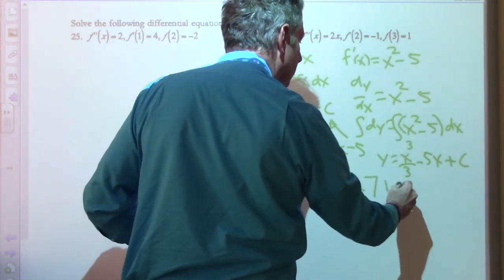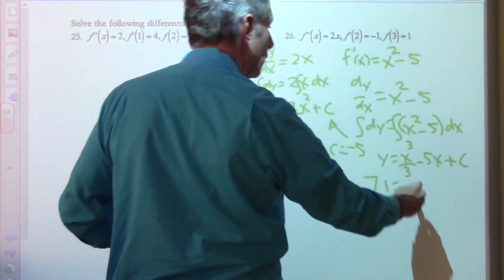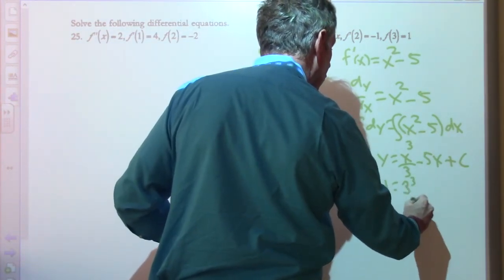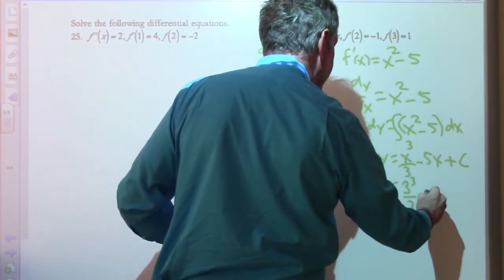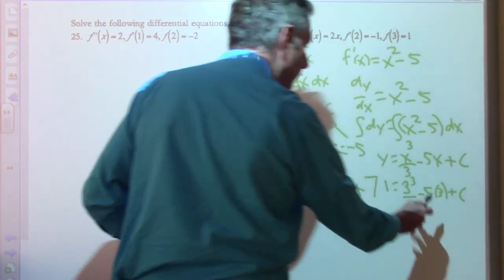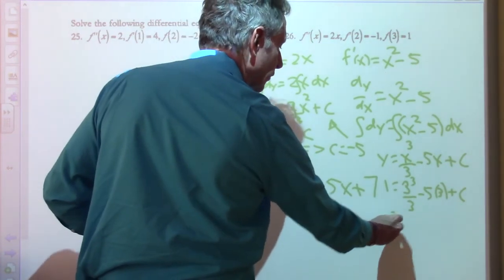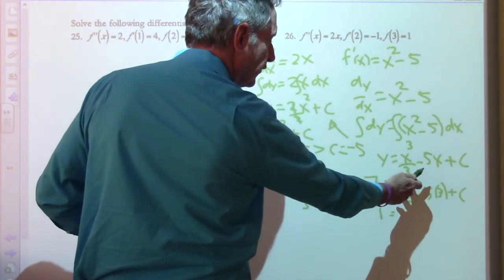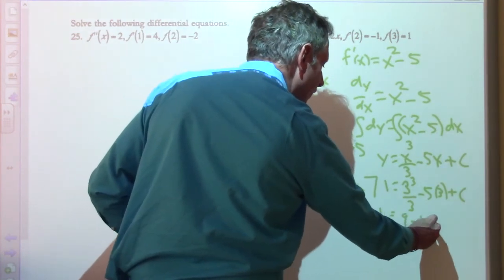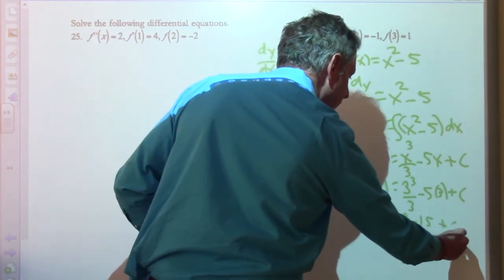So we have 1 is equal to 3 cubed over 3 minus 5 times 3 plus c. And this over here on the right, still have 1. This simplifies to 27 over 3, so that's going to be 9 minus 15 plus c.